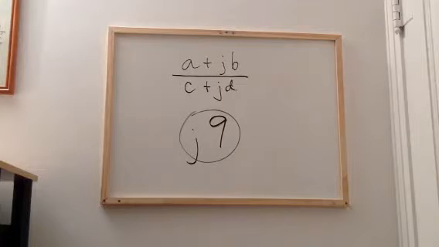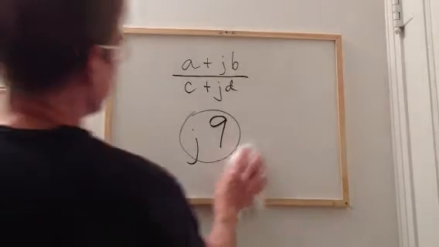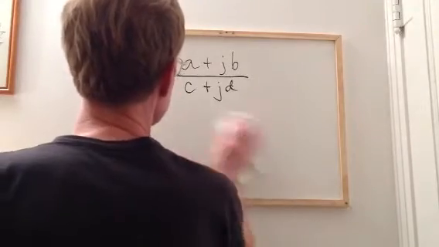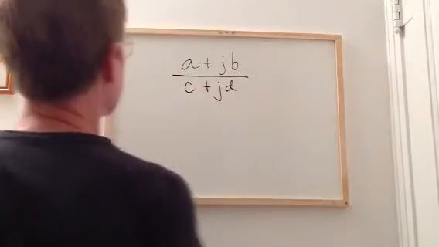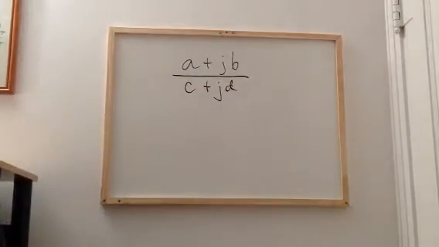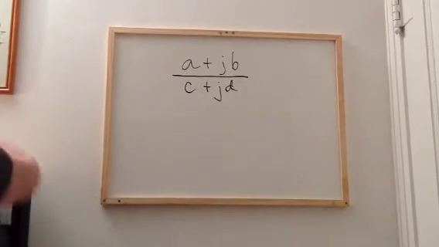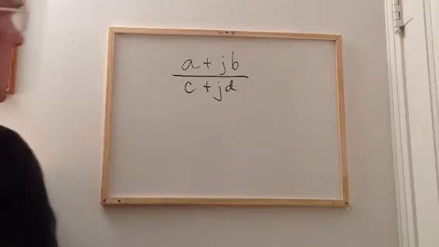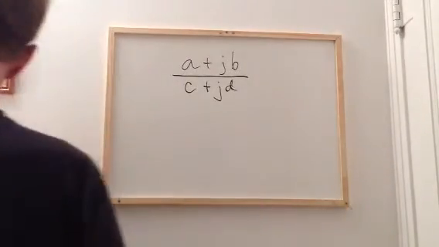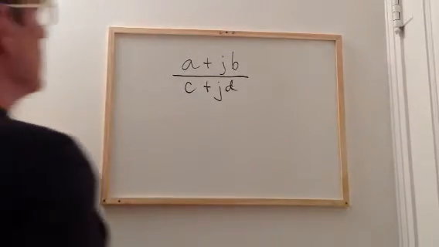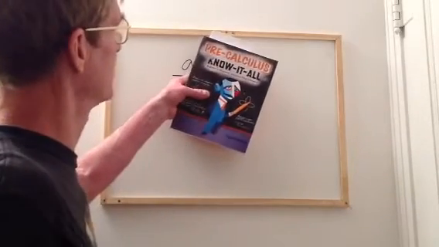At the end of a previous episode, I told you that if you ever encounter a quotient or a division problem with complex numbers, you should tremble with fear. Well, maybe not so much.